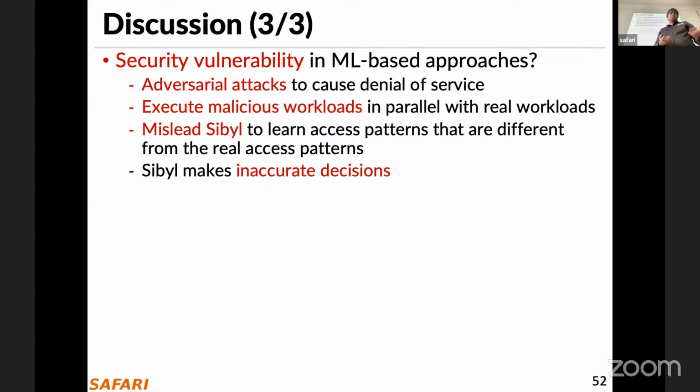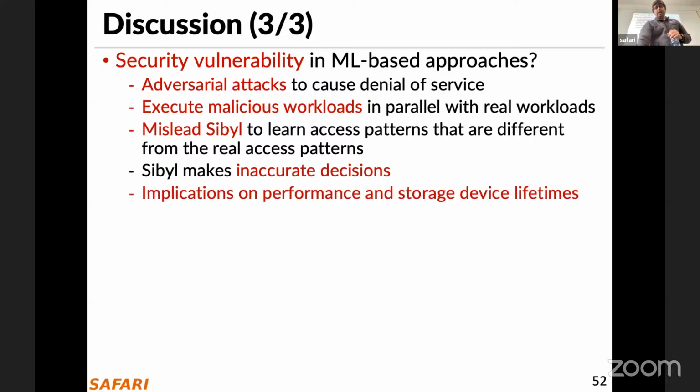So Sibyl can think that it's hot data and then try to place it in the fast device. So this can also have serious implications on the performance and the storage device lifetimes.